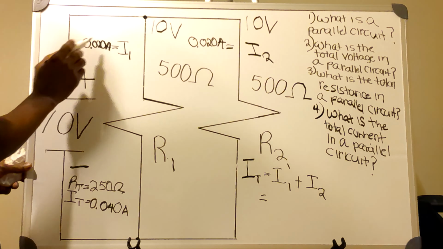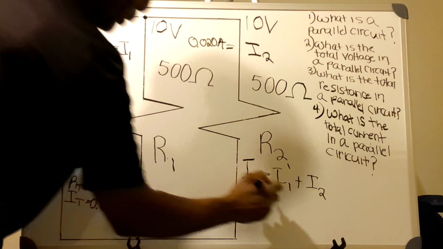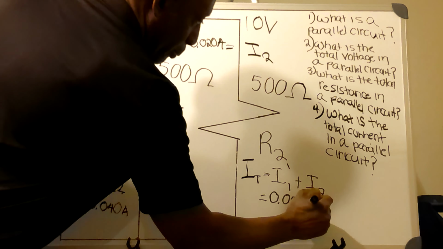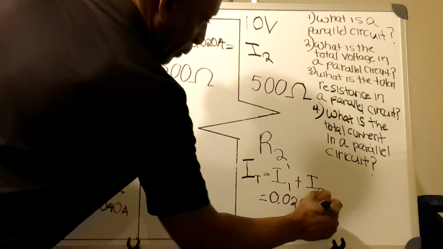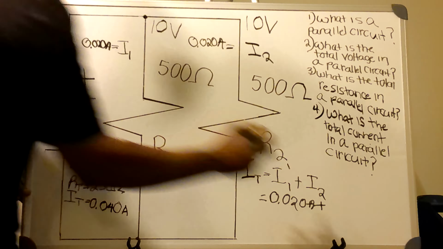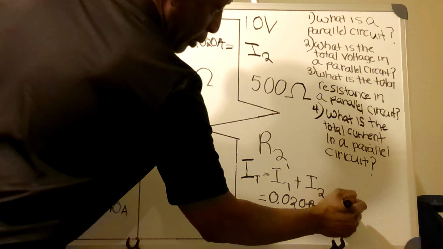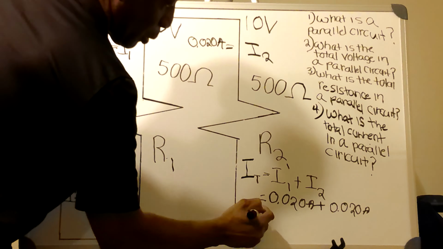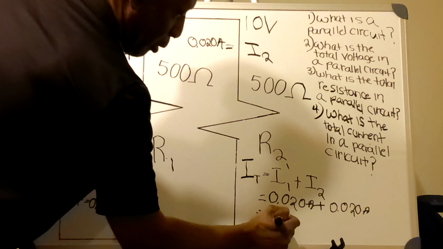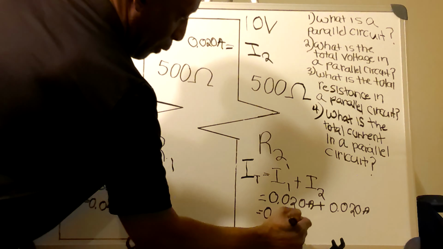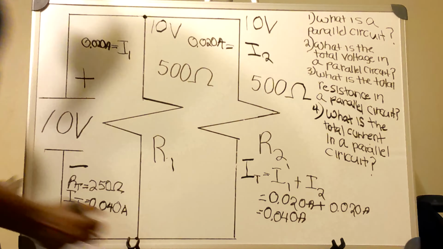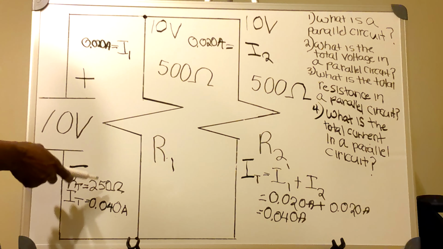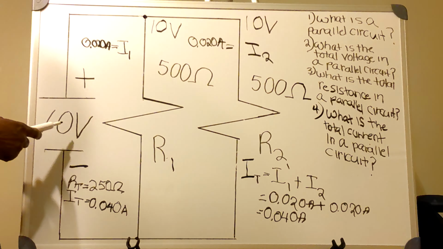IT equals the I1 current, which is 0.020 amps, plus the I2 current, which is also 0.020 amps, which equals 0.040 amps, which is what we got initially when we divided the 250 ohms of total resistance into the total voltage of 10 volts.